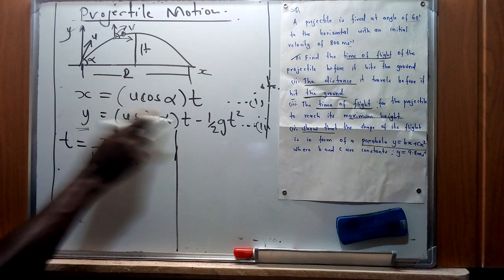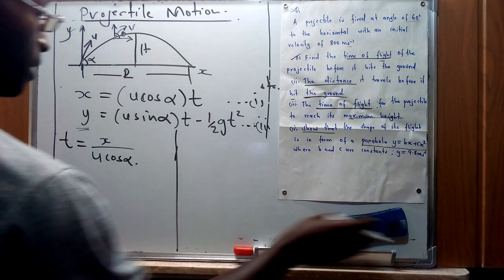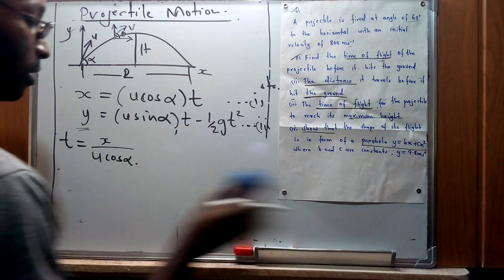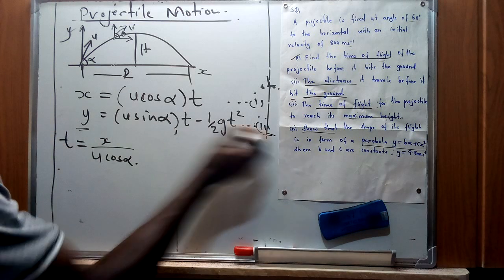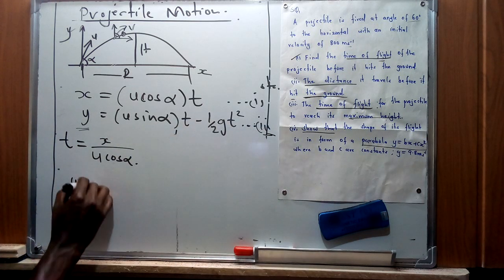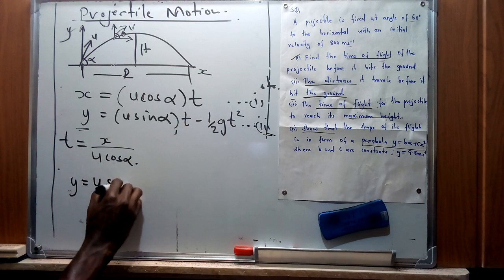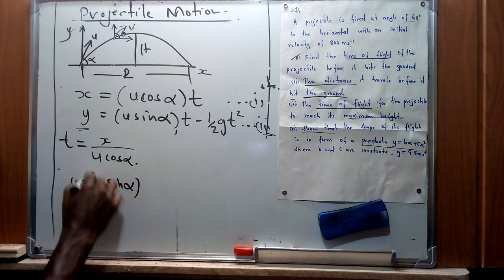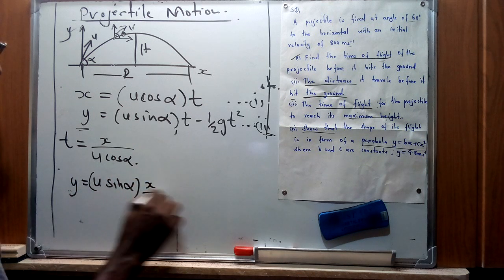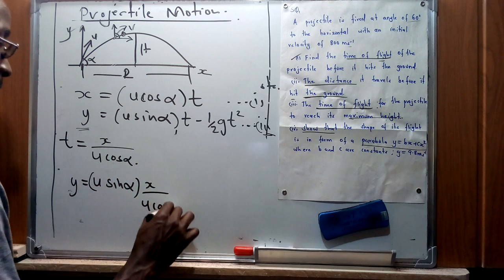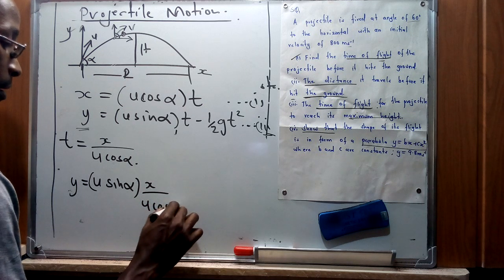Therefore, we substitute this representation for t in the second equation. So it's going to give us y equals u sine alpha into x over u cosine alpha.